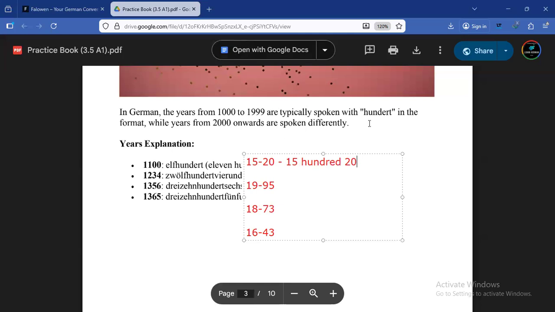How will you say 15 in German? Fünfzehn. So for 1520, how will you say these numbers one by one?